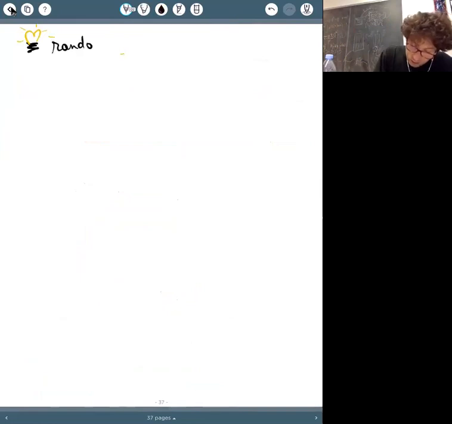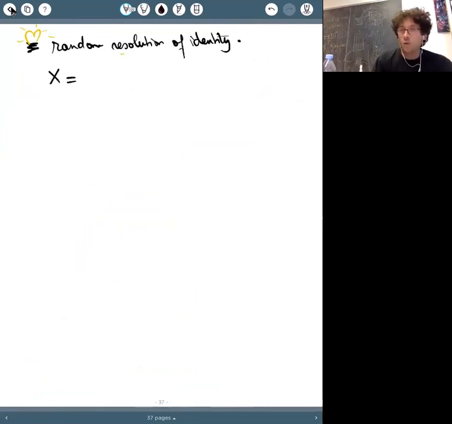A random resolution of identity. Meaning what? Meaning a random variable X, which is almost 1. X is going to be the random variable that I'm going to define in a second. And the important thing is that this X, you should think of it as being 1. It's very close to 1.